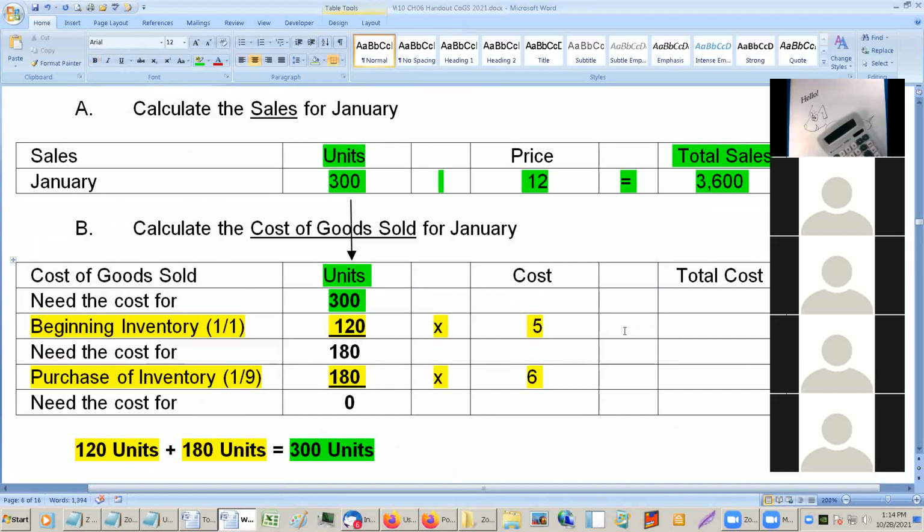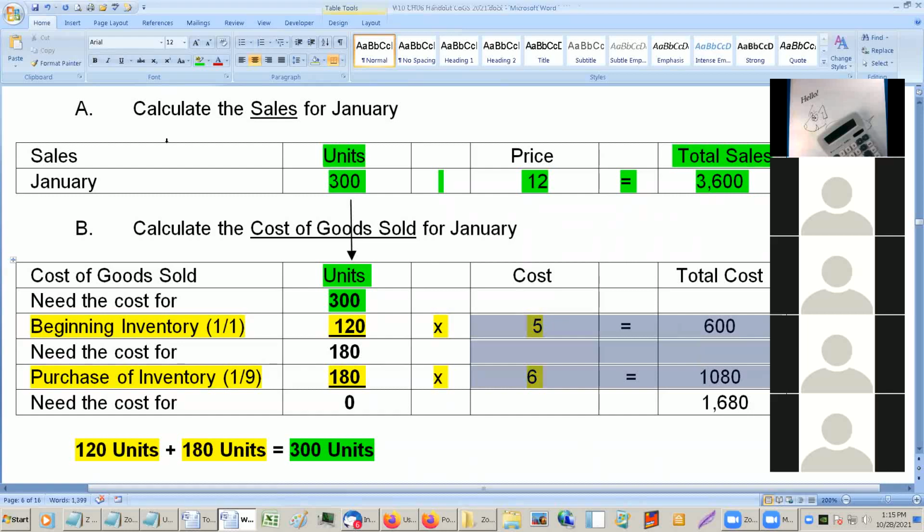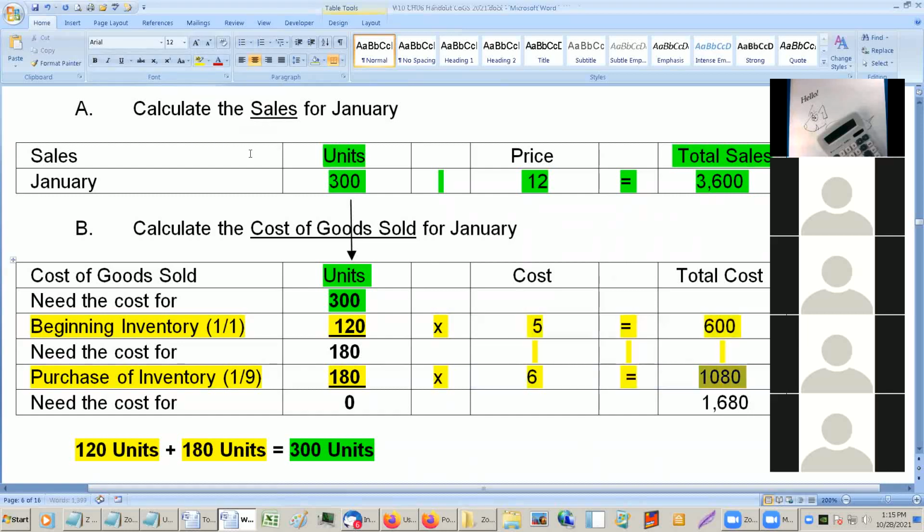Okay, let's play these out. Okay, so these are the sales. Easy. These are the costs. Not easy.